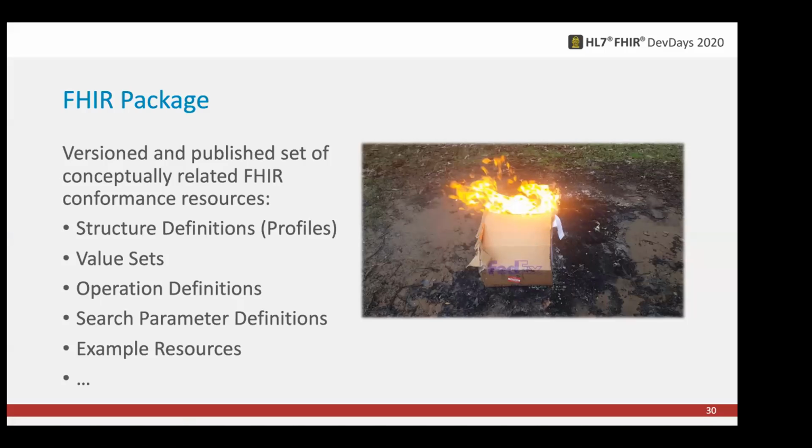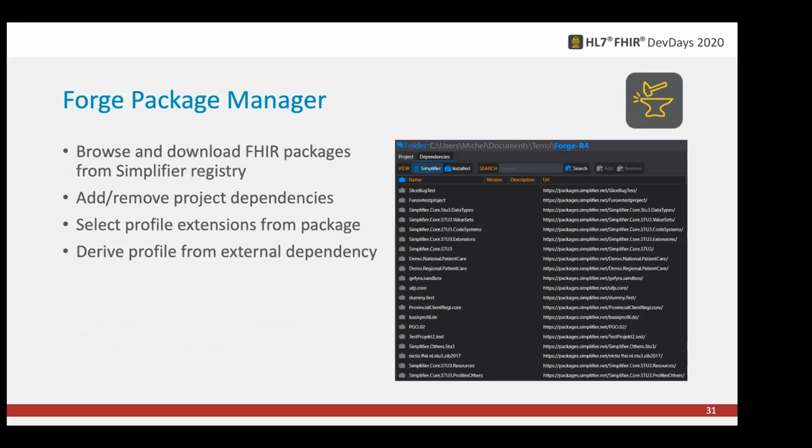So you could say, okay, I'm going to take all of these related FHIR conformance resources and create a set out of that, which we call a package. That FHIR package can then be published somewhere, and it can also be consumed by any package consumer or package tool. There is, again, also a session, and that will be right after this one, about packages in FHIR.